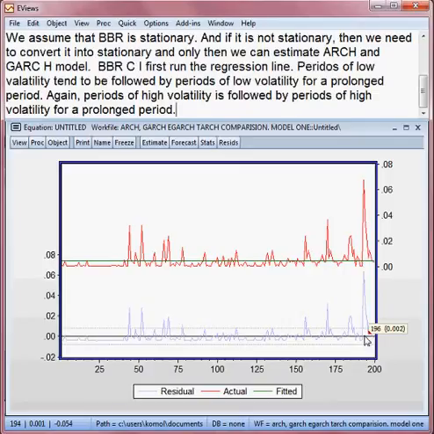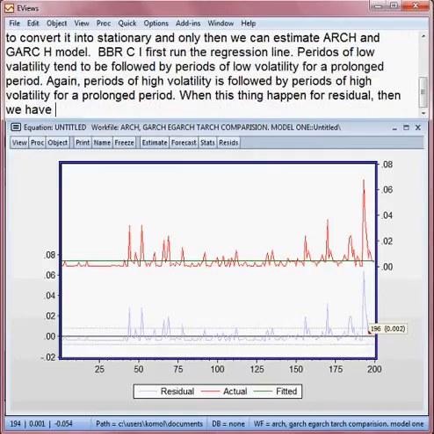So when these things happen for residual, then we have all justification to run ARCH family model, right?